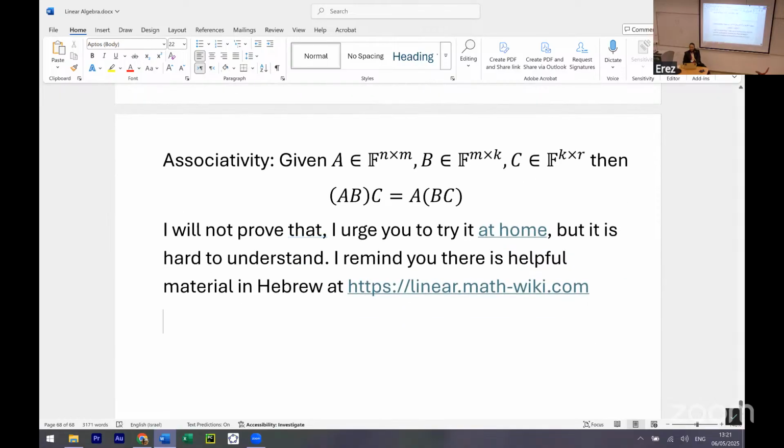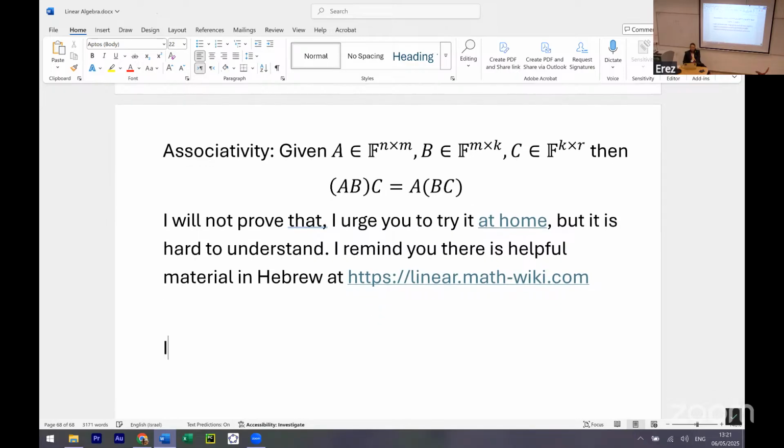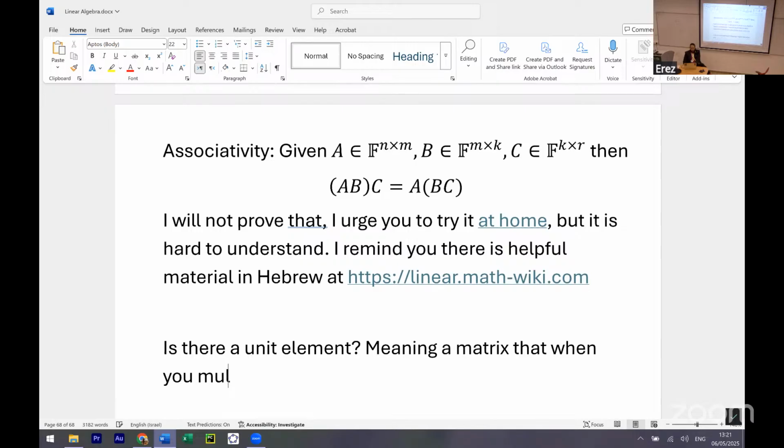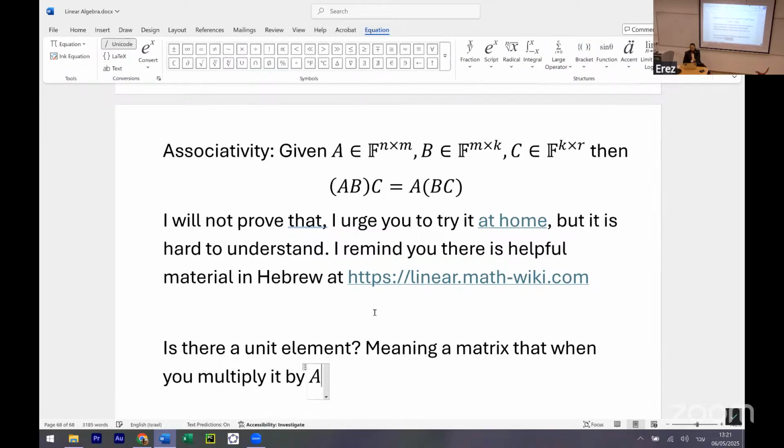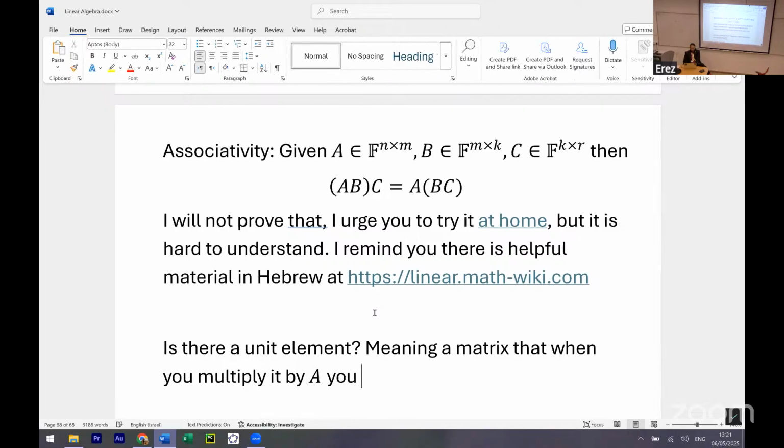Great. Okay. So the associative rule works. Is there a unit element, meaning a matrix that when you multiply it by A, you get A?